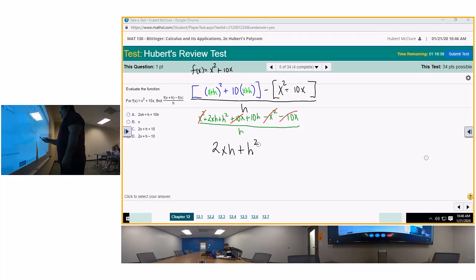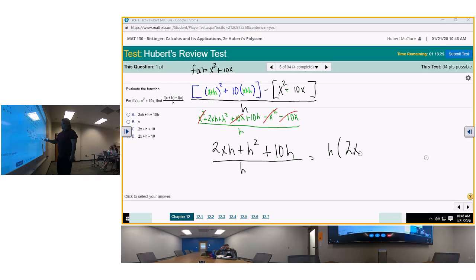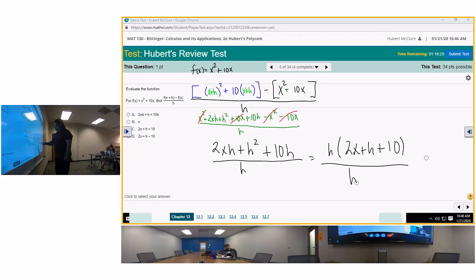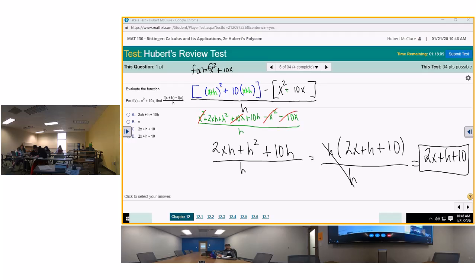Plus h squared over h is equal to h(2x plus h plus 10) over h, and of course that's 2x plus h plus 10. If you were to let h go to zero, your derivative would be 2x plus 10.